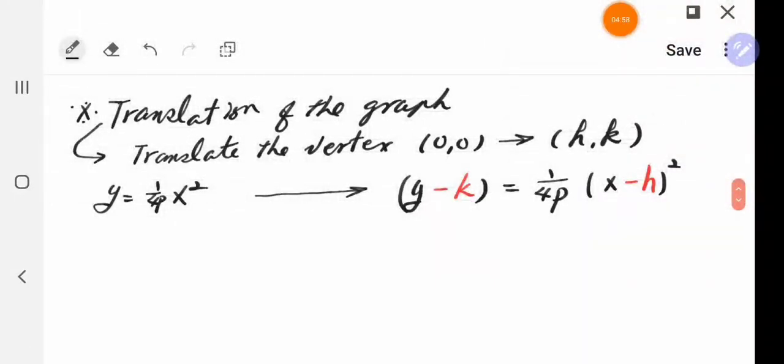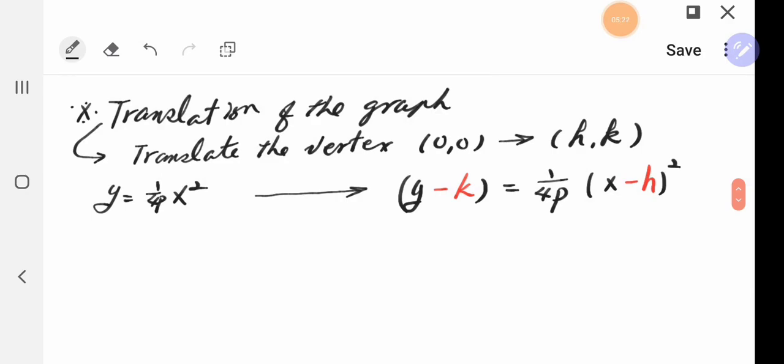Okay, now let's consider a translation of the parabola. When you translate a parabola, we can translate the vertex so that everything goes along with the vertex. So once we move the vertex from the origin 0, 0 to the coordinate h, k, then it looks like this.